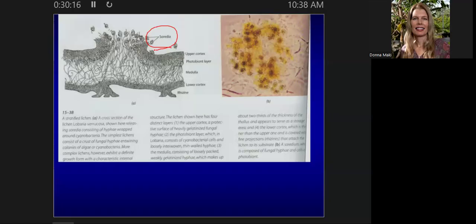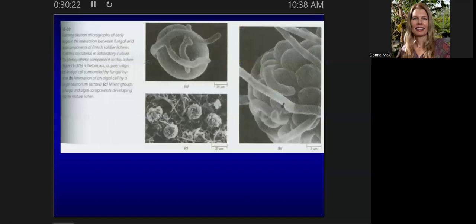So B is just looking at soredia up close. Here's a better picture of that. So you can see the fungal hyphae wrapped around. So that solves the problem of being able to find each other. Once the lichens form, they can keep colonizing if they go out in a unit together.